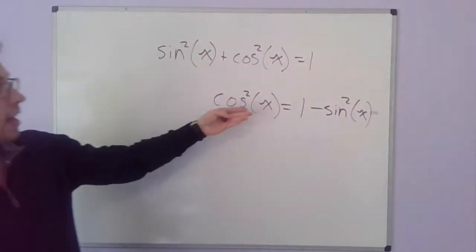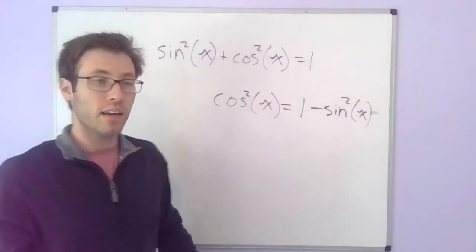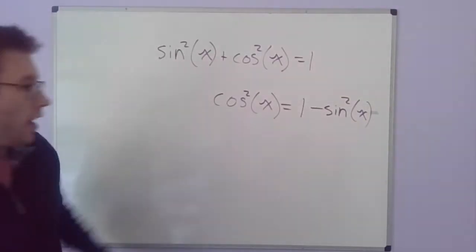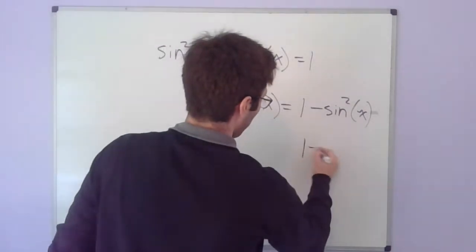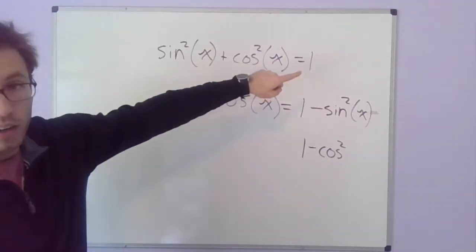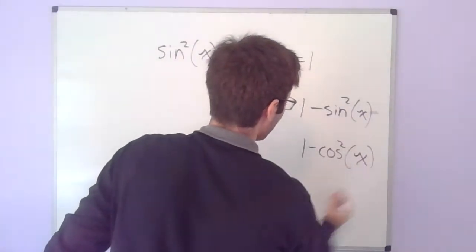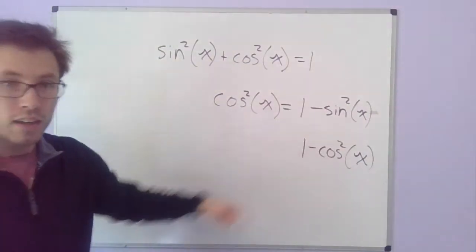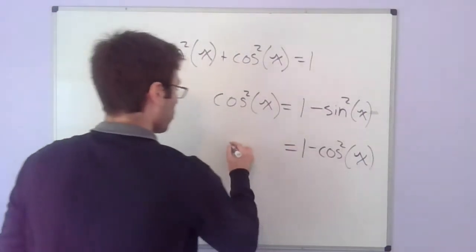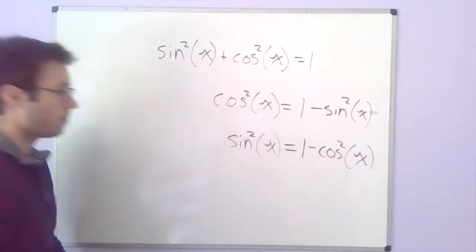So notice that when I go 1 minus sine squared x, I instantly think cosine. And similarly, with the other term, I could subtract cosine squared and send it over there. And whenever I see 1 minus cosine squared of x, that term is equal to sine squared of x.